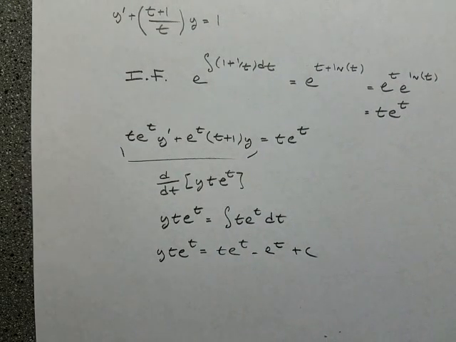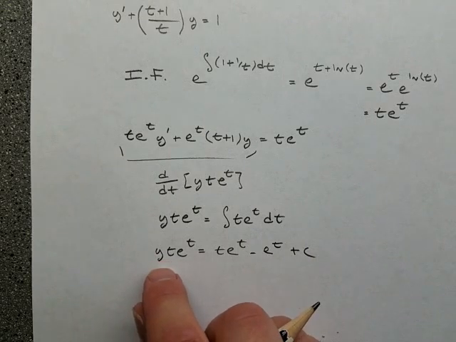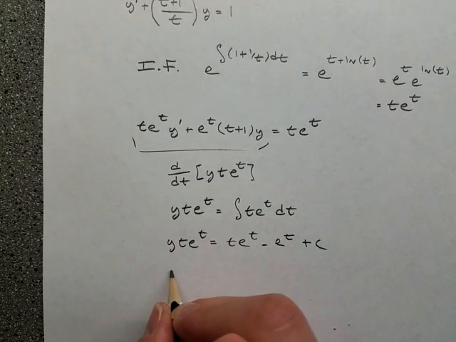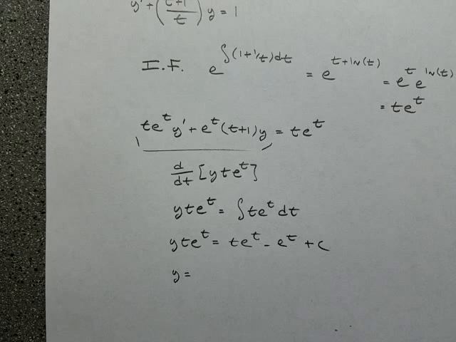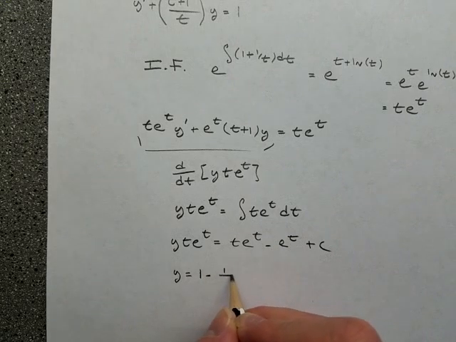All right. Okay, now it seems like I'm one step away from an explicit solution, y as a function of t, if I divide by this. So if I divide by t times e to the t power, this will be a 1. This will become a negative 1 over t.